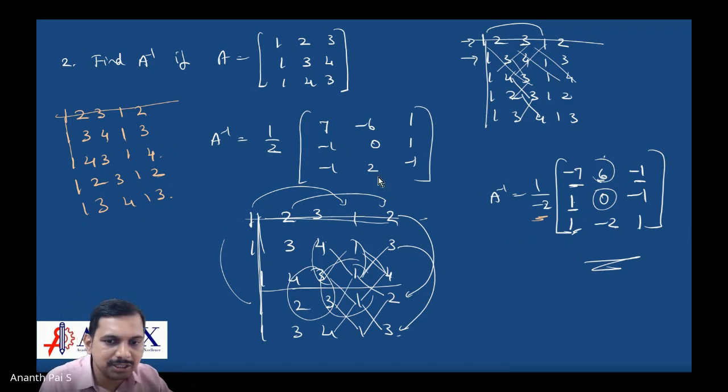First you find the determinant like this. You write 1 by -2. Then find the minor and write it here. This minor you write over here, and this minor over here.